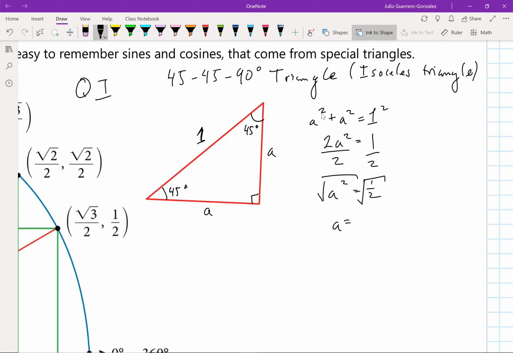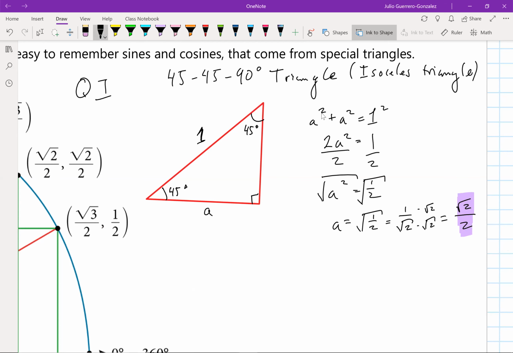So A is equal to the square root of 1/2. We can break that up to 1 over square root 2. Okay, we don't like square roots on the bottom, so multiply square root 2 times square root 2. And this gets us root 2 over 2. And that is our final little number that we need, okay?